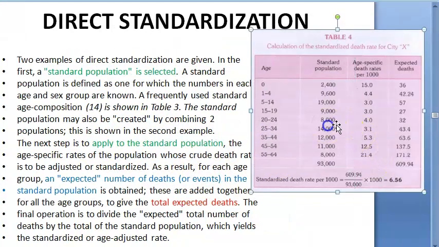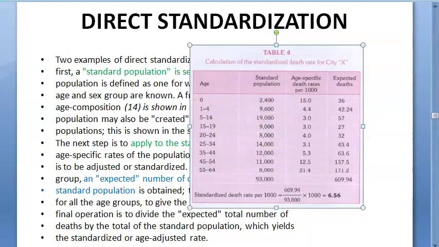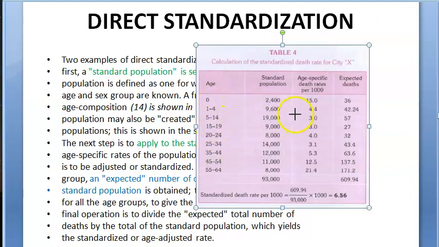For example, look at this. This is the standard population. This is the age specific death rate you got for 0 to 1 years. 15 is your age specific death rate. So you apply this 15 per 1000 to the standard population which WHO has given, right?